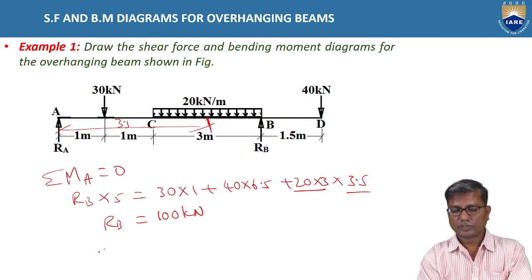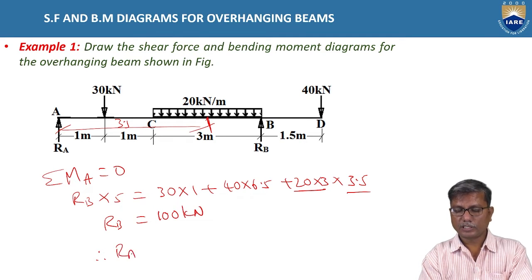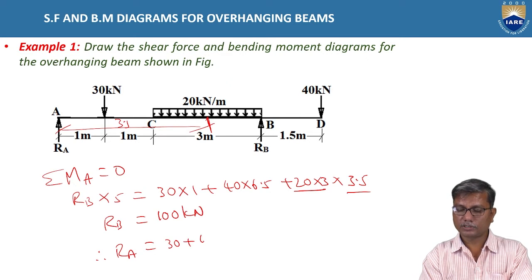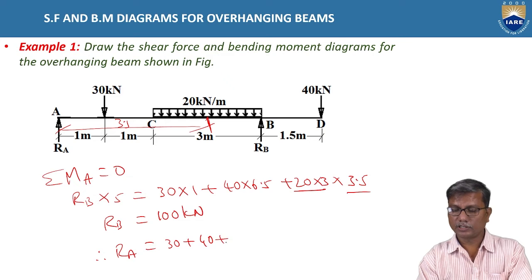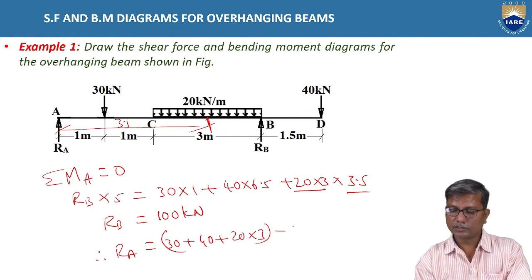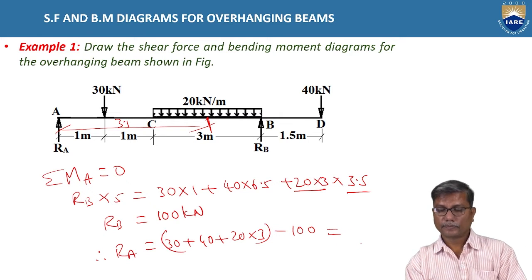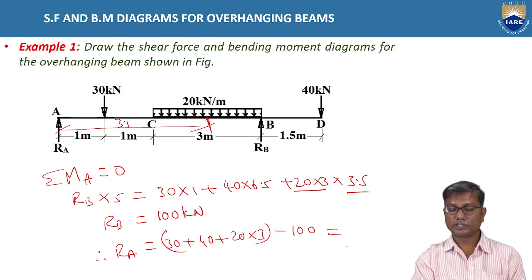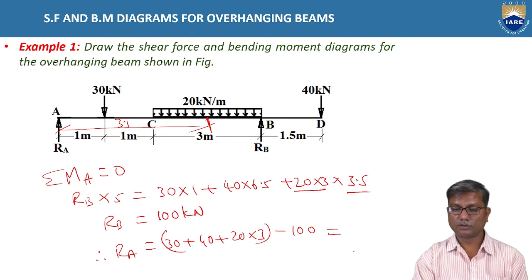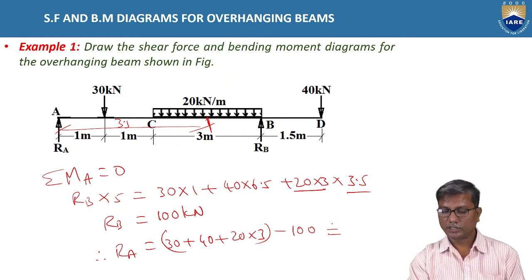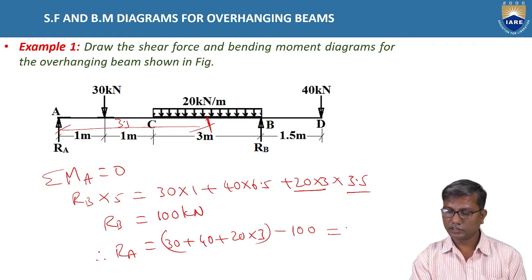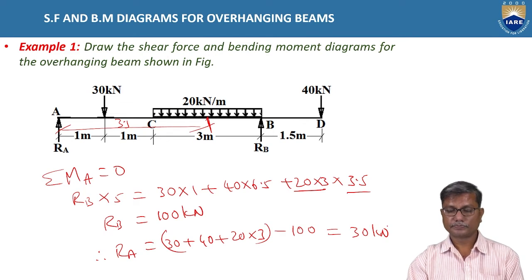Therefore, RA is equal to the total downward load, 30 plus 40 plus 20 into 3, minus RB, because RA plus RB is equal to the total downward load. So RA is obtained as 30 kilonewtons.